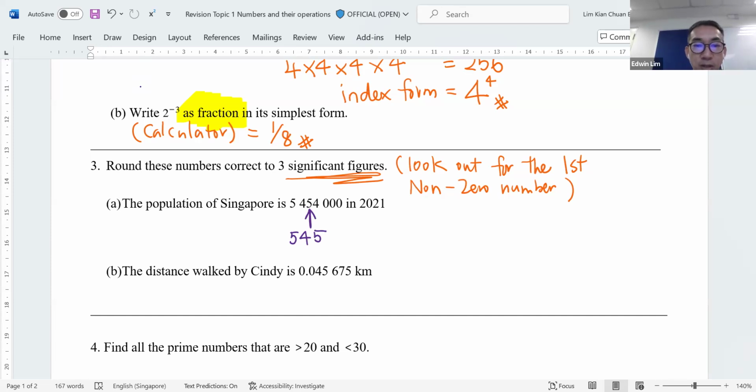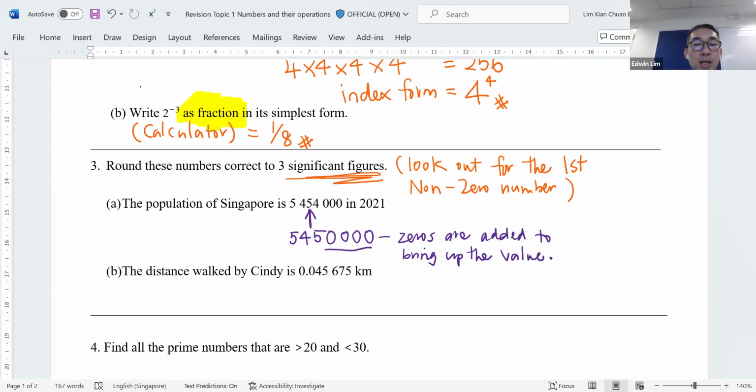You realize the actual number is very huge. It's 5.4 million. How can it become 545 only? So we need to add in extra 0. All right, these 0s are added to bring up the value. Okay, so this is the answer for question 3A.